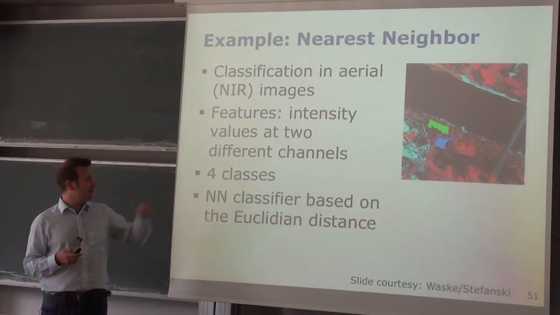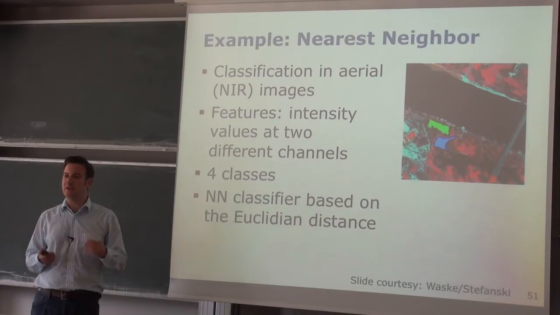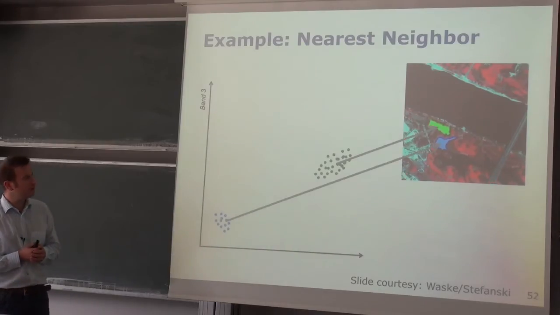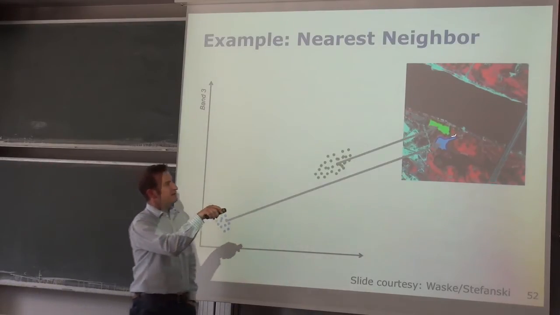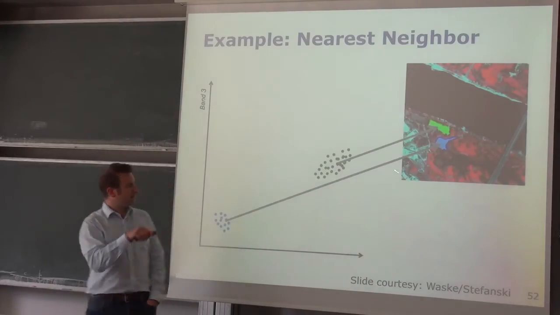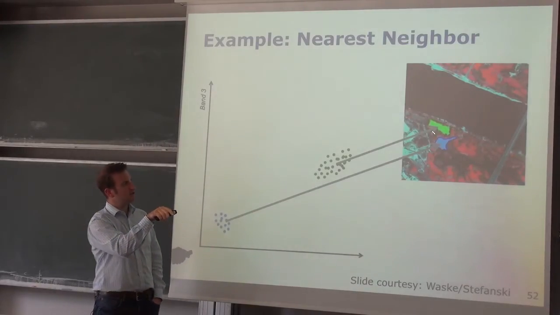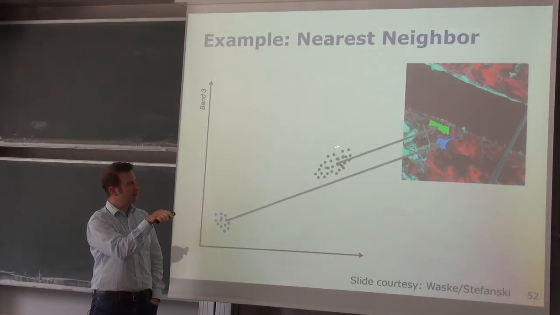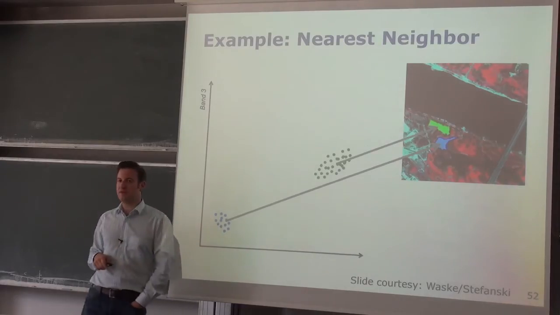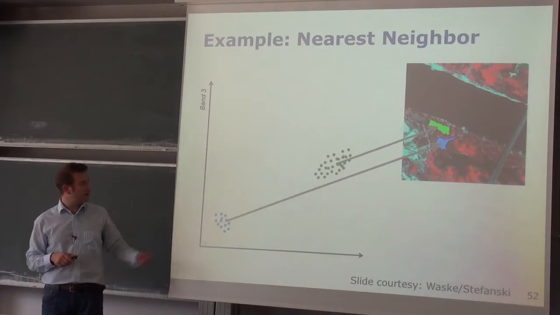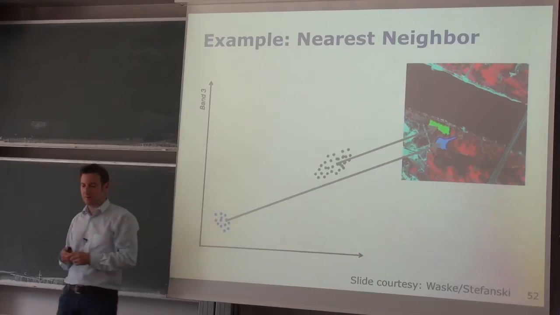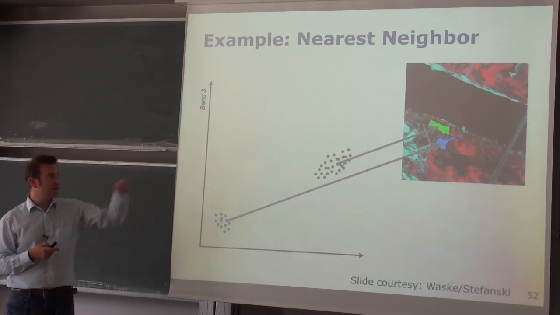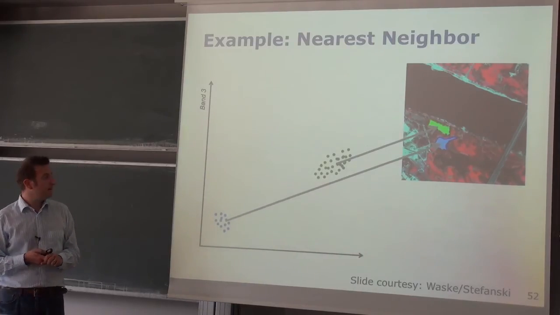So how do I learn a nearest neighbor classifier based on that? The first thing I do is take these greenish pixels, the images which are labeled. These are my manually given labels. They populate the feature space somewhere here. These are just 2 channels from this image.